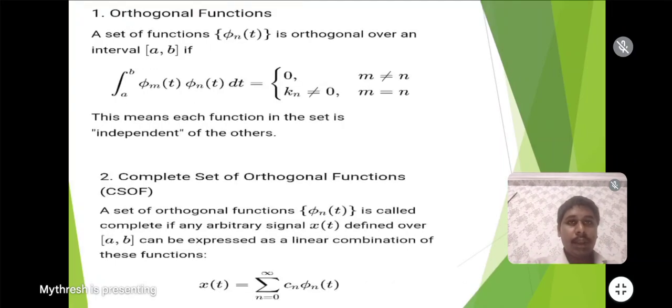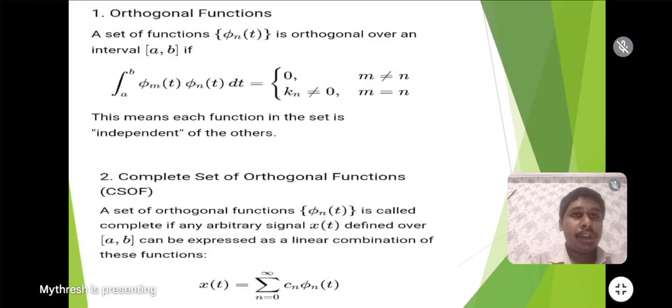So let us see the next topic, which is orthogonal functions. What are orthogonal functions? Orthogonal functions give the representation of a set of functions, and we have to find whether the functions in the set are orthogonal to each other or not.